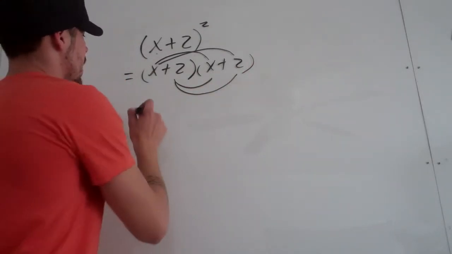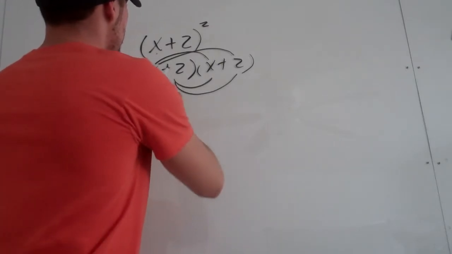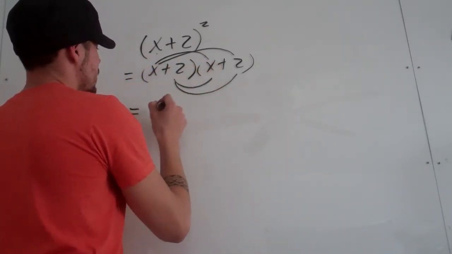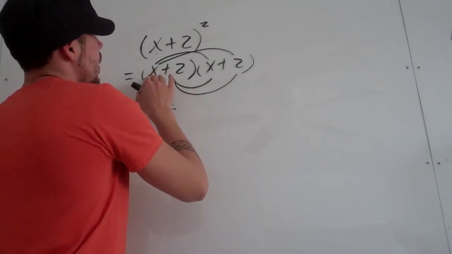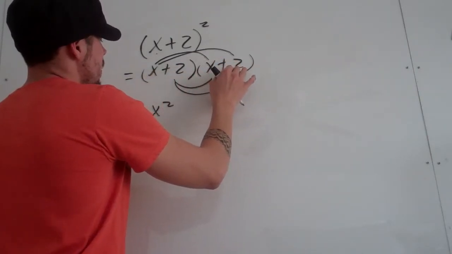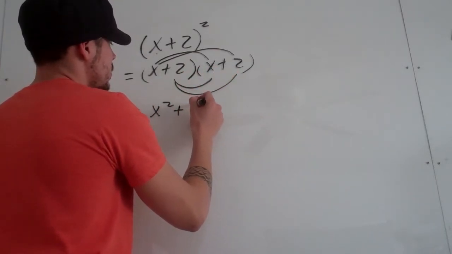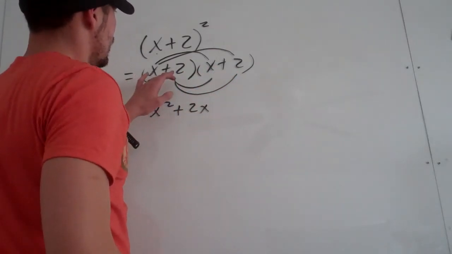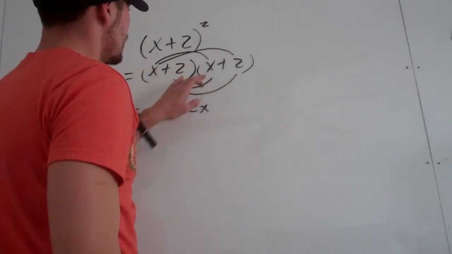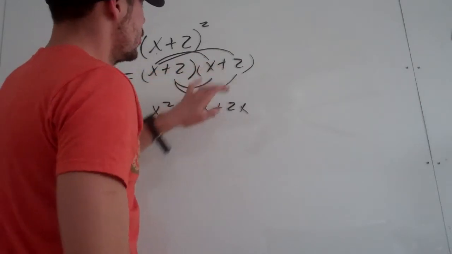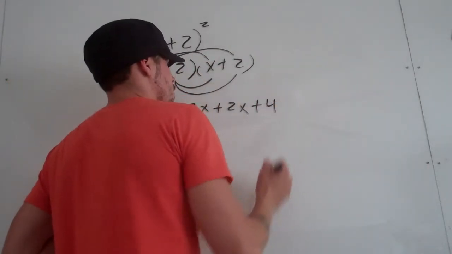So all you do is you take this one and multiply it by that one. X times x is x squared, and x times 2 is a positive 2x, and 2 times x is plus 2x, and 2 times 2 is plus 4.